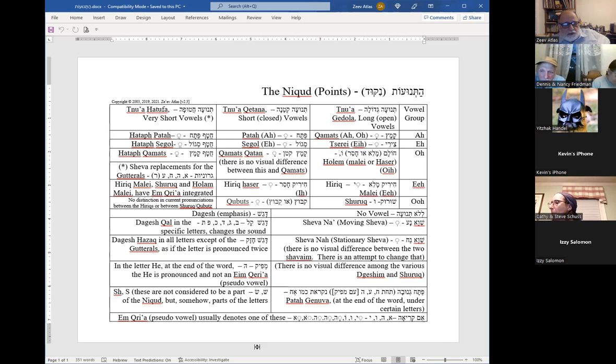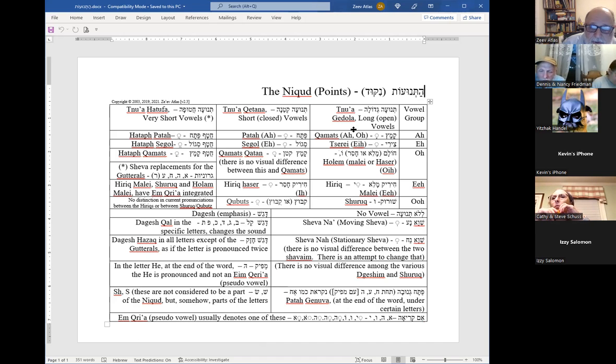But it was pushed away by the more advanced and more precise system that was developed in Tiberias and got to its zenith in the 9th and 10th century. So let's look at the Nikud.